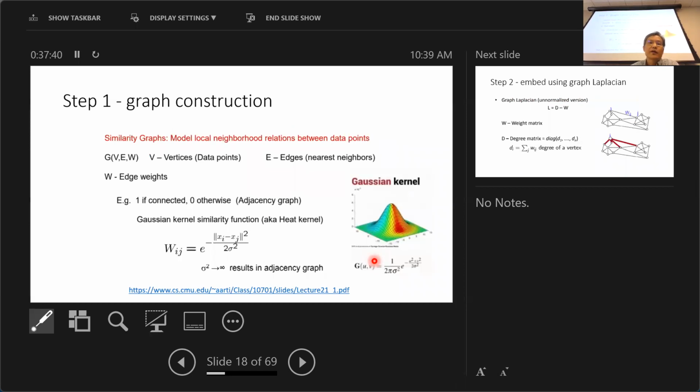Okay, in this example, they start to apply a Gaussian kernel. If two points are close enough in distance, then you have a high weight. If the two data points are a step away from this nearest neighbor region, which is given by this shape, then the weight W becomes small.